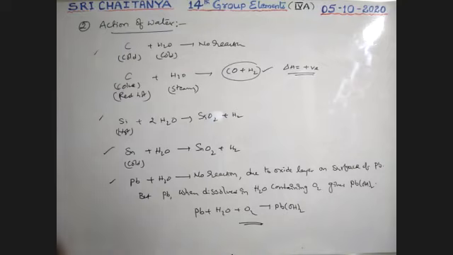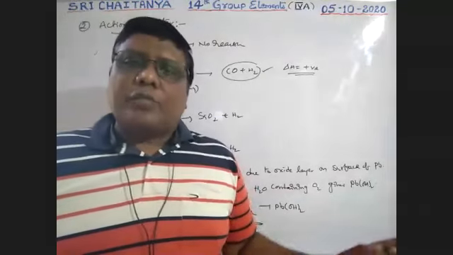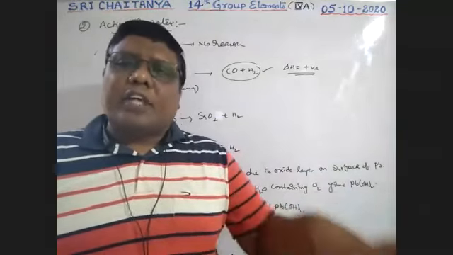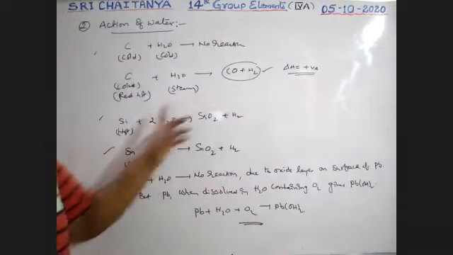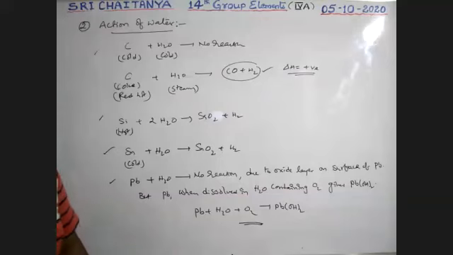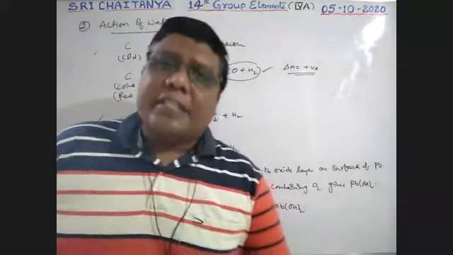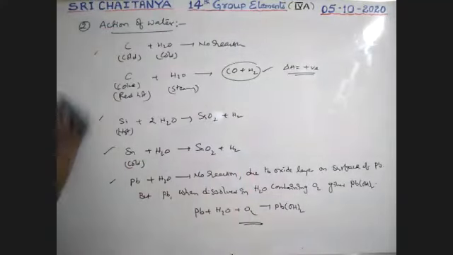That reaction is possible. So direct reaction is not possible, but in the presence of oxygen, lead is dissolved and gives lead hydroxide. So this is about reaction with water. Next, action of acids.